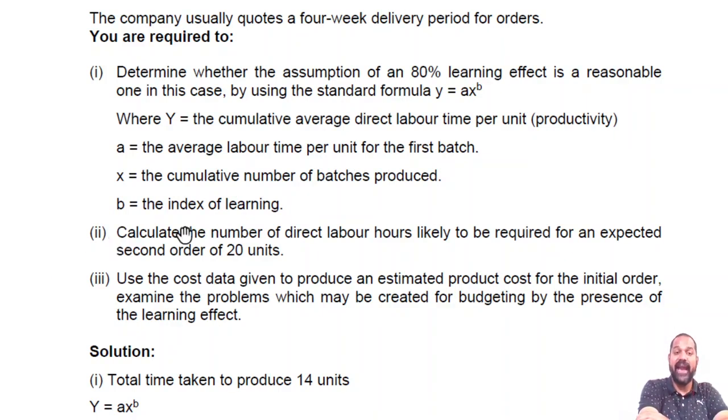Number 2, calculate the number of direct labor hours likely to be required for an expected second order of 20 units. And number 3, use the cost data given to produce an estimated product cost for the initial order. Examine the problem which may be created for budgeting by the presence of learning effect.